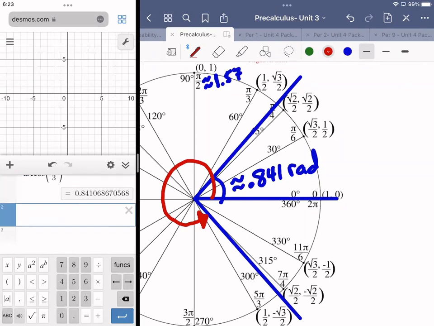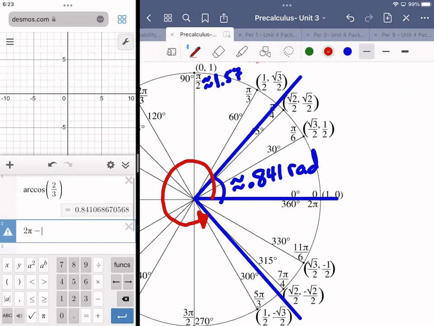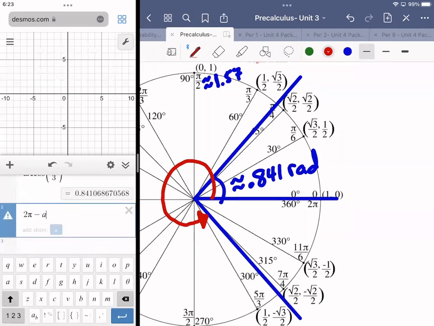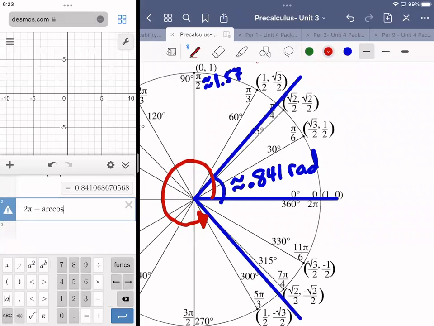So I could do 2 pi minus that 0.841, but I could also do 2 pi minus the arc cosine of 2/3. That would give me my other result, about 5.442.